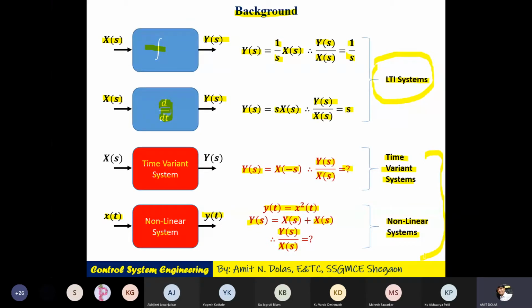Therefore, whenever we apply another input in the present, we have to consider what the initial condition of the capacitor and inductor was, and that can be done in the state space variable method. Am I audible? Yes, sir.